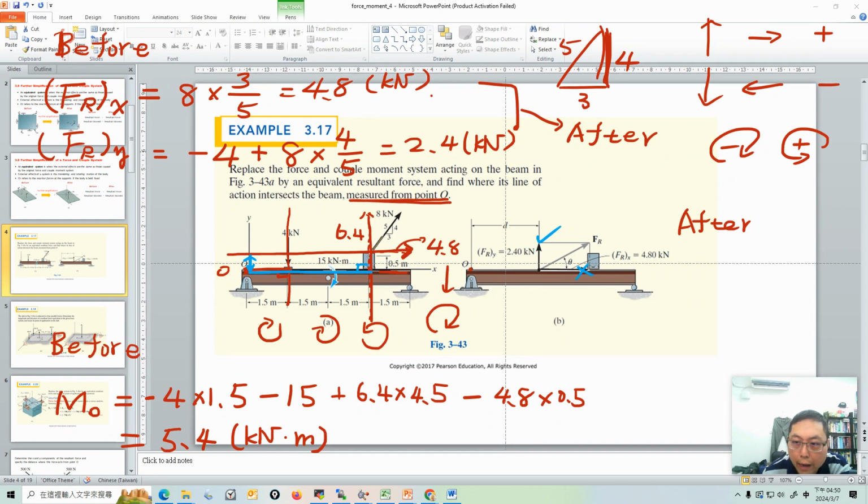So after the simplification, we also have a moment, and it's caused by F_Ry times the distance D. We just assume it's D. Here, this force is going up, so it will create a counterclockwise moment, so it will be positive.